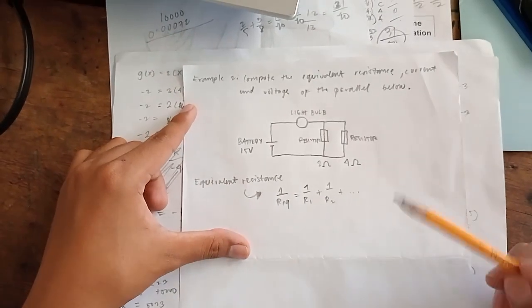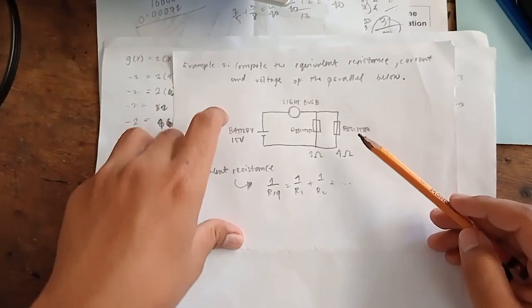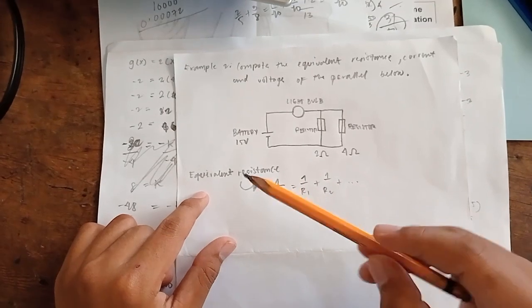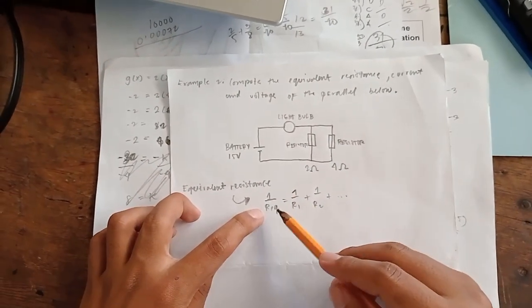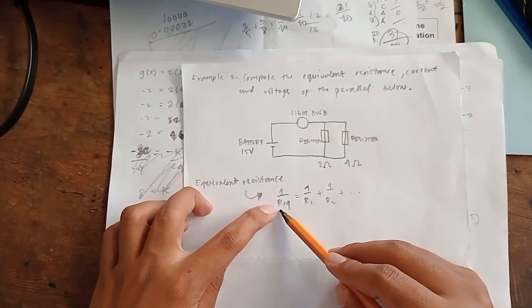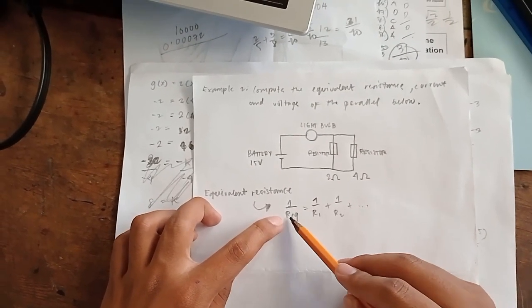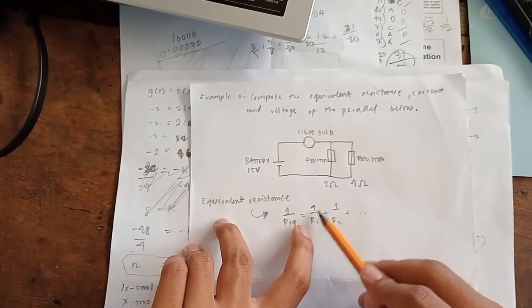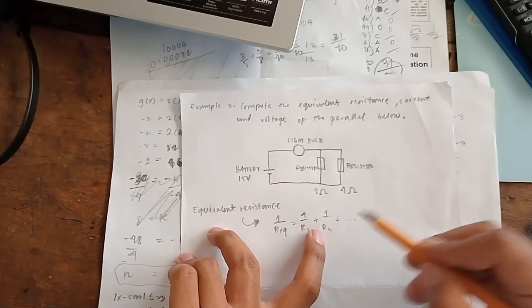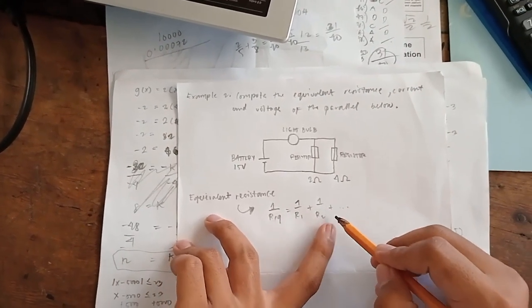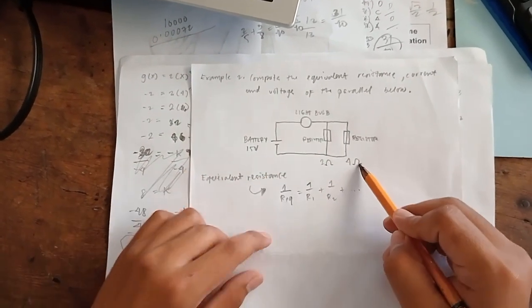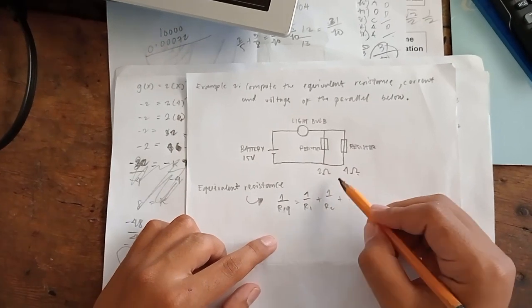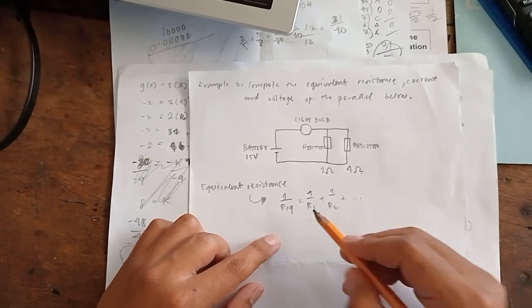We need to compute the equivalent resistance first. This is the formula for equivalent resistance: 1 over R equivalent is equal to 1 over R1 plus 1 over R2, and so on and so forth. Since we have only two resistors, we can put 2 ohms here.